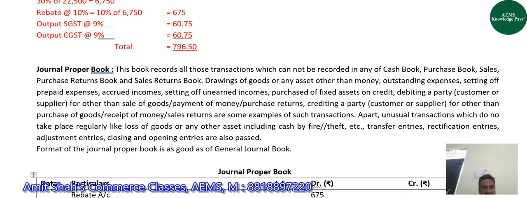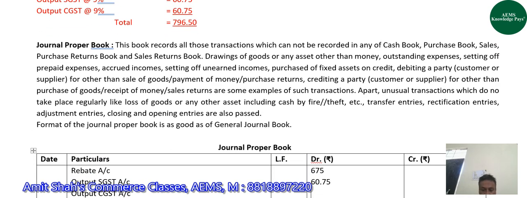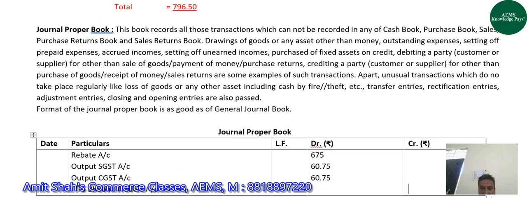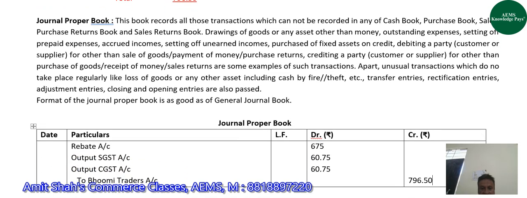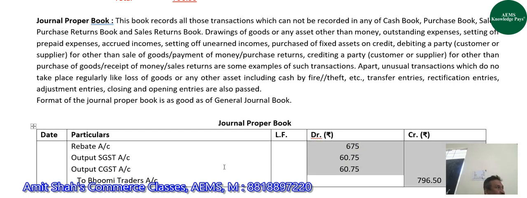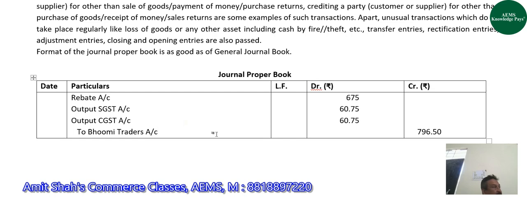The amount here is 60.75, 60.75, and the total credit that we will give to Bhumi Traders is 796.5. I hope guys you all have understood this. Yes or no? This is how we have given rebate. Note down this fast, guys.